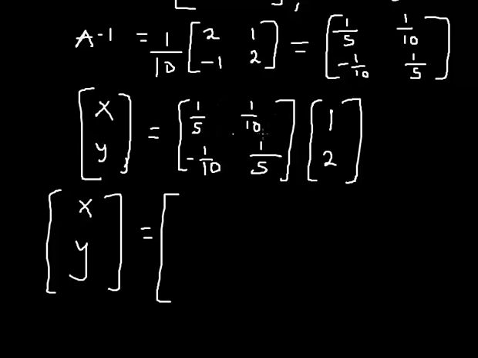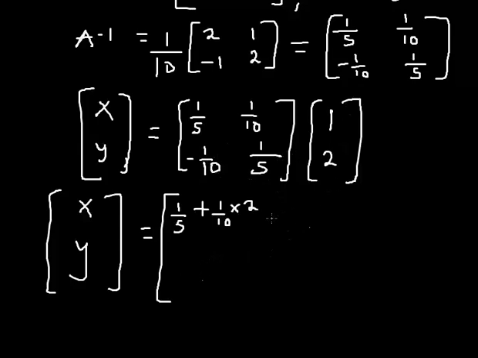So 1 all over 5 times 1, that's going to be 1 all over 5, then plus 1 all over 10 times 2, so that you know where I'm coming from. Okay, this row has finished multiplying this column, then the second row, we still multiply this column.